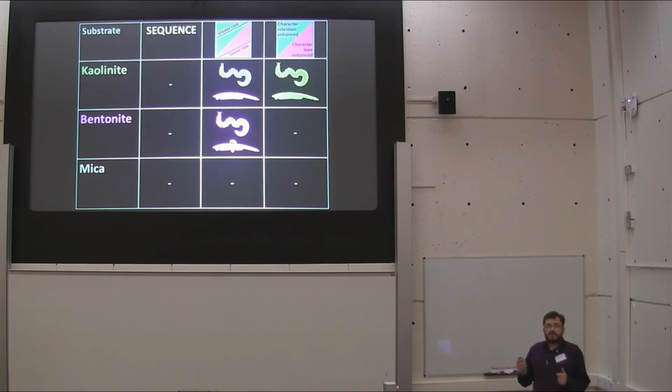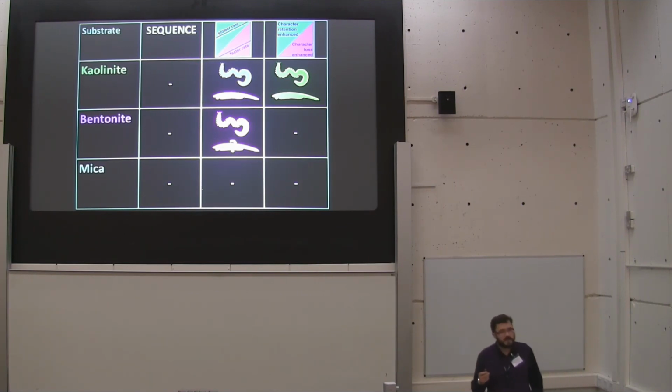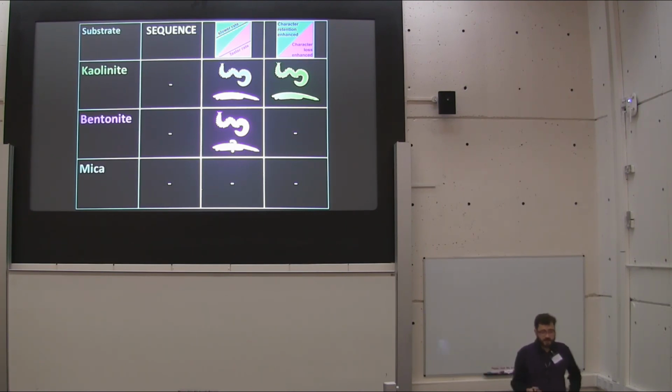We don't see any difference in sequence with any of these treatments, but we do see a general decrease in decay in kaolinite, and a faster rate of decay in bentonite. Exactly what is going on, we're still teasing apart, but what I think is going on in the kaolinite is that you've got this protracted period of no loss, and then once decay starts, it proceeds much quicker than you might expect.